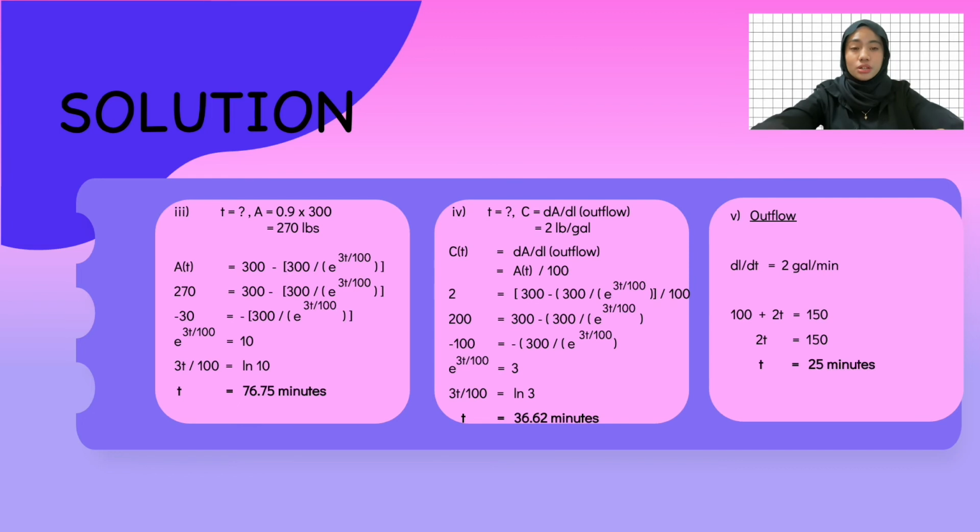We also know that the tank maximum is 150 gallons, and the tank contains 100 gallons. So with the 100 and 150 from the first question, we can put it in the formula, which gives 100 plus 2t equal to 150. The final answer for this question is t equal to 25 minutes.